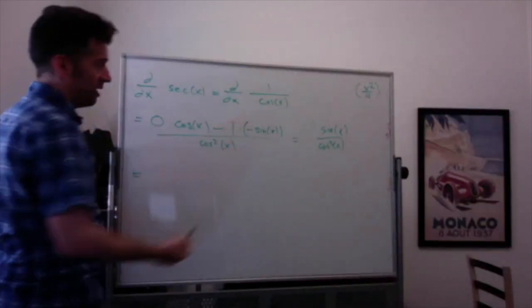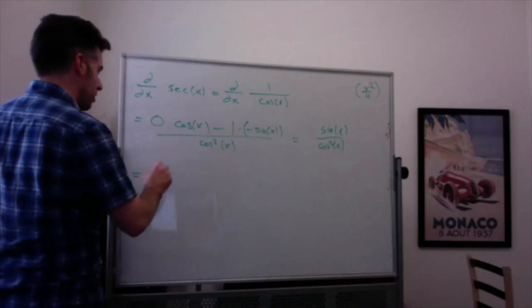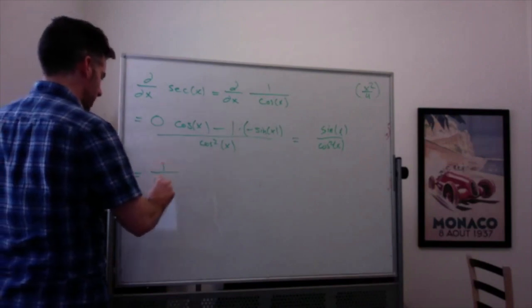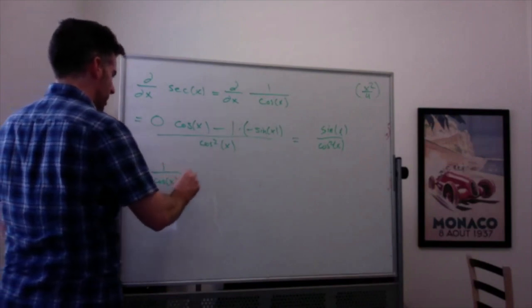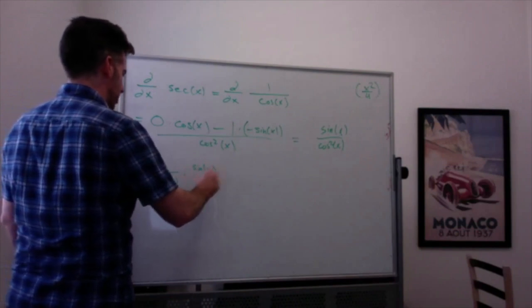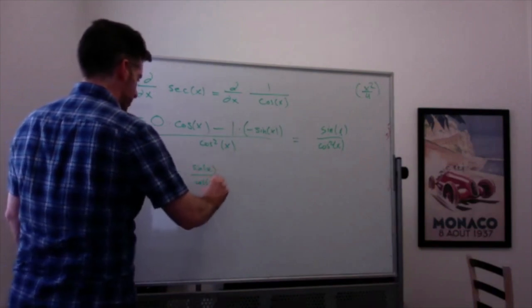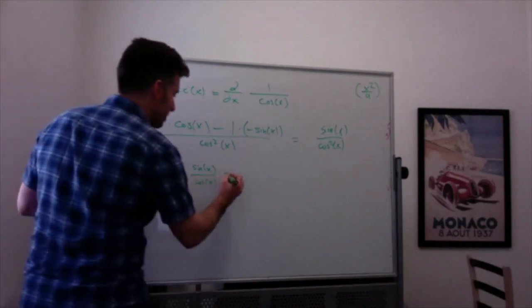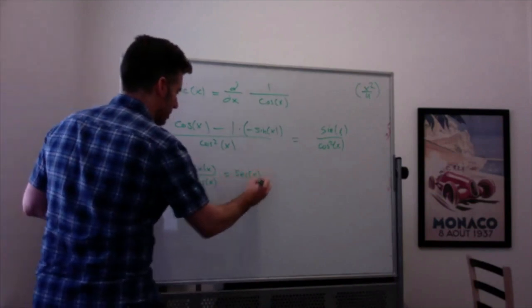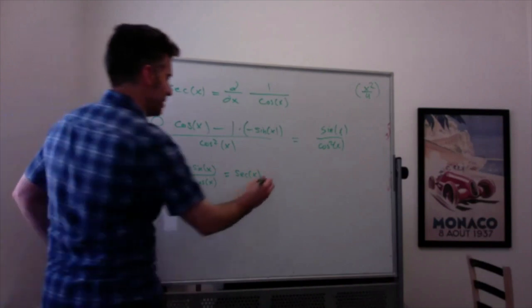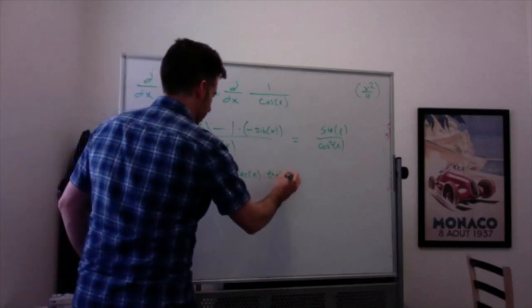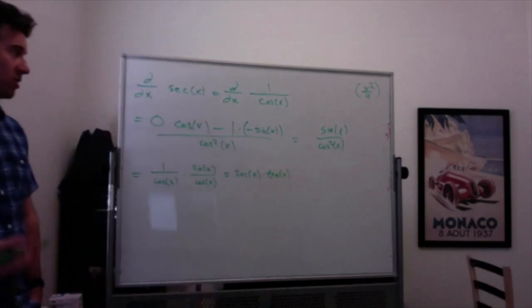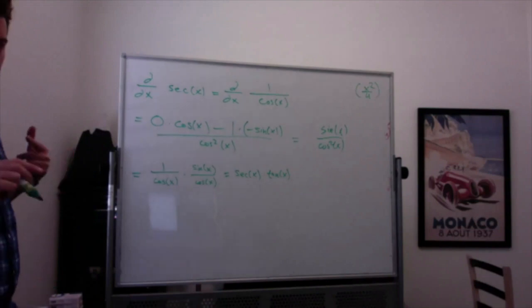They break up sine x over cosine squared x as 1 over cosine x times sine x over cosine x. And then they rewrite that as, well, 1 over cosine is secant of x, and sine x over cosine x is tangent of x. So the derivative of secant x is secant x tangent x.